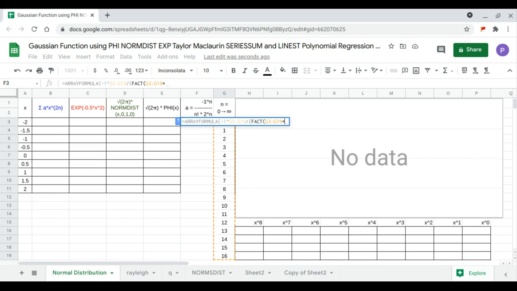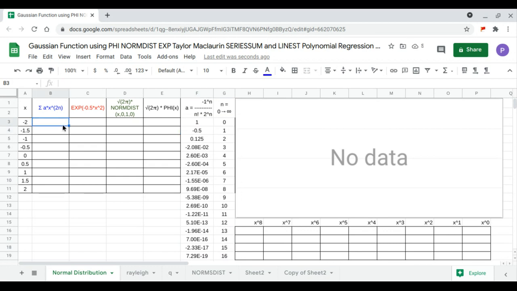Second term is 2 to the power n, times 2 to the power n. And enter.